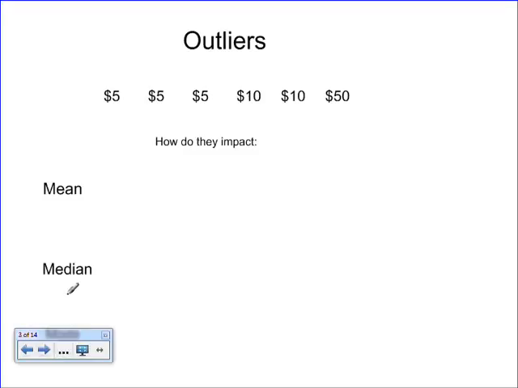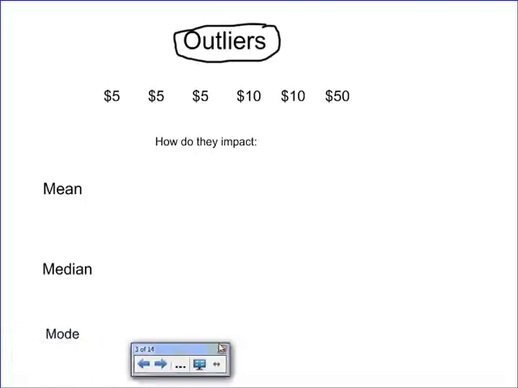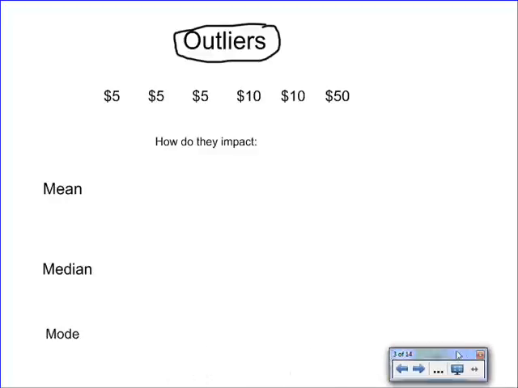Okay. So outliers. An outlier, as we remember from our data display, is a value that's far away from the rest of the data, and they do impact our measures of center. We wonder how they impact the mean, the median, and the mode. Let's do some quick calculations and see what's going on.